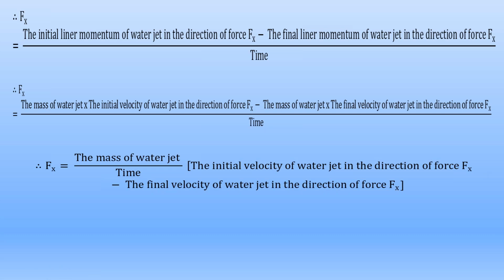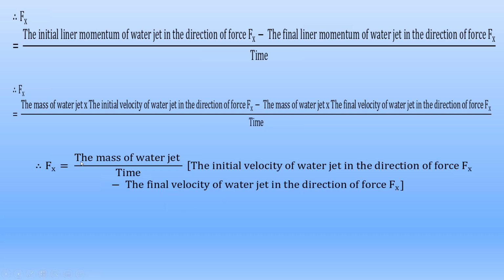But the final velocity in the direction of force Fx is 0, because the final velocity v is vertical and force Fx is horizontal.